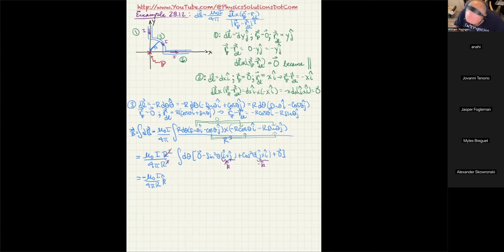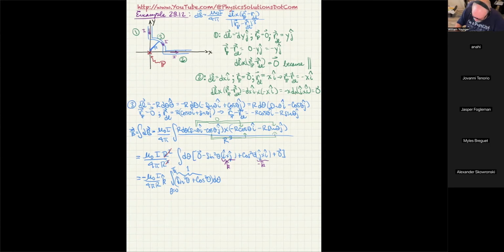And basically what we're getting is the integral of sine squared theta plus cosine squared theta d theta, but we know sine squared theta plus cosine squared theta is just 1. And in this case, I'm integrating it from theta equals 0 to pi over 4. Excuse me, it's pi over 2. No, pi over 2 would be 90, so it's pi over 4.